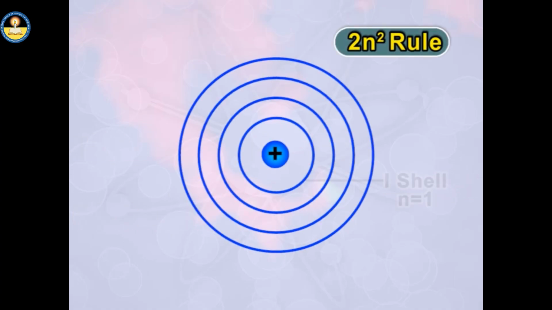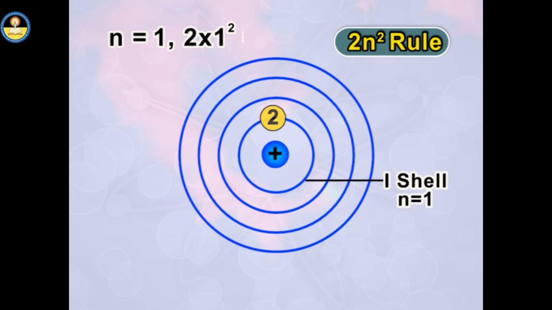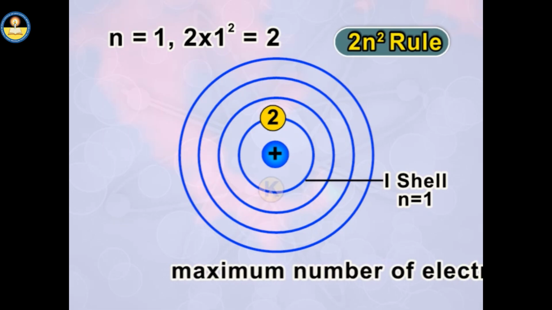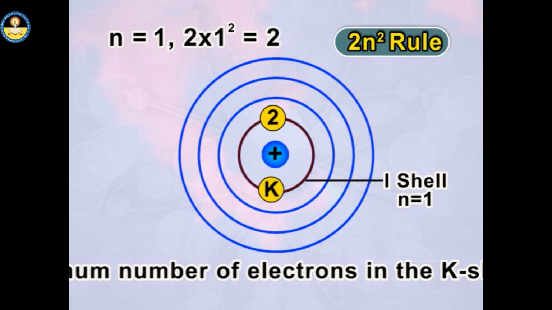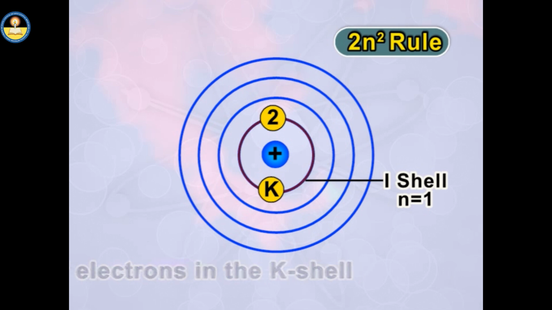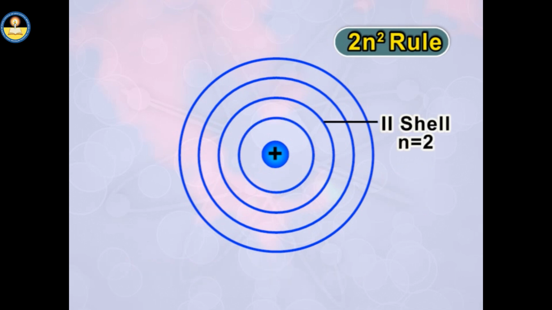By putting the value of n as 1 in this formula, we get 2 into 1 square is equal to 2. This is the maximum number of electrons in the K shell. By putting the value of n as 2, we get 2 into 2 square is equal to 8.